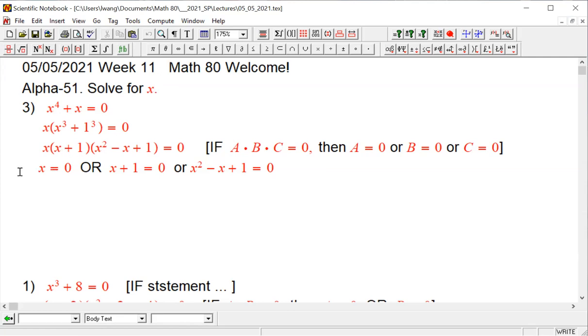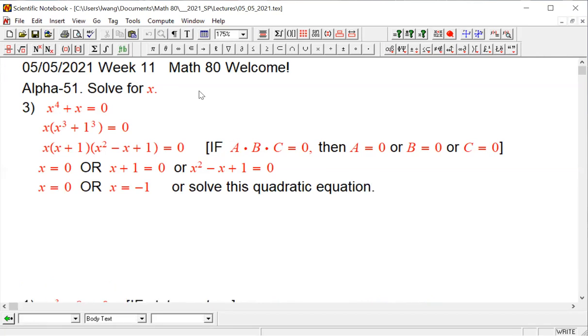So here is x equals 0 or x equals to -1. So here x is going to be equals to -1, or we have to solve this quadratic equation. Solve this quadratic equation.